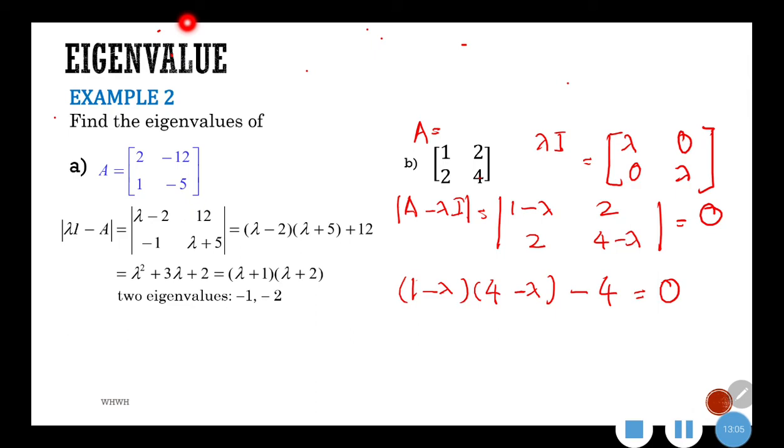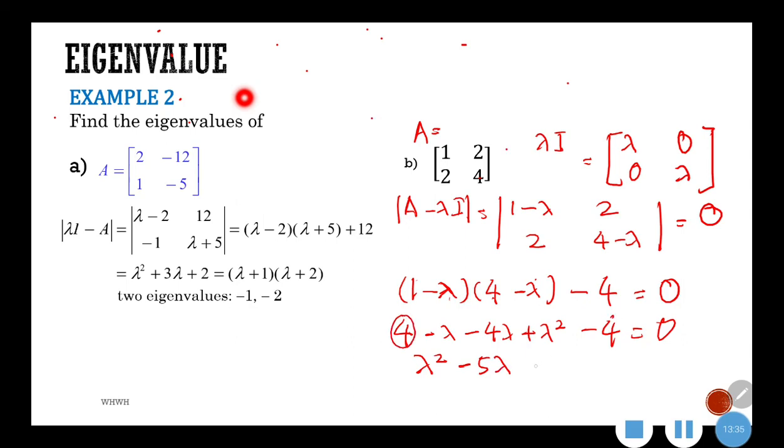So just do it like before. 1 times 4 is 4, minus lambda, minus 4 lambda, plus lambda square, minus 4 equals zero. So we have here lambda square, minus lambda minus 4 lambda, you will get minus 5 lambda. There you are. This time we get 4 minus 4, then it will be 0. So you will have this only: lambda square minus 5 lambda equals to 0.